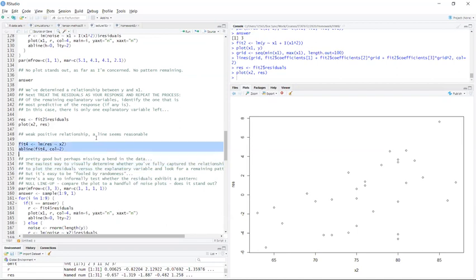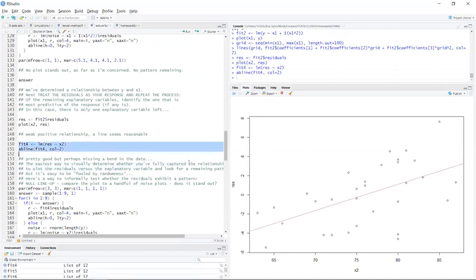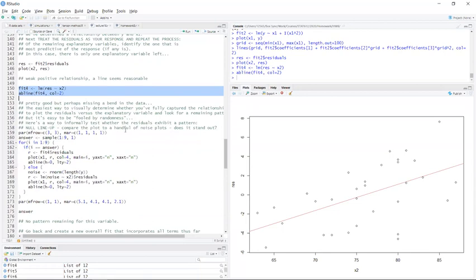But for the sake of demonstration, in this file, I did go ahead and do another null lineup and say, okay, so I fit the line. Do I think that the residuals of this have no pattern remaining? In other words, have I fully taken into account the relationship between these residuals and x2?